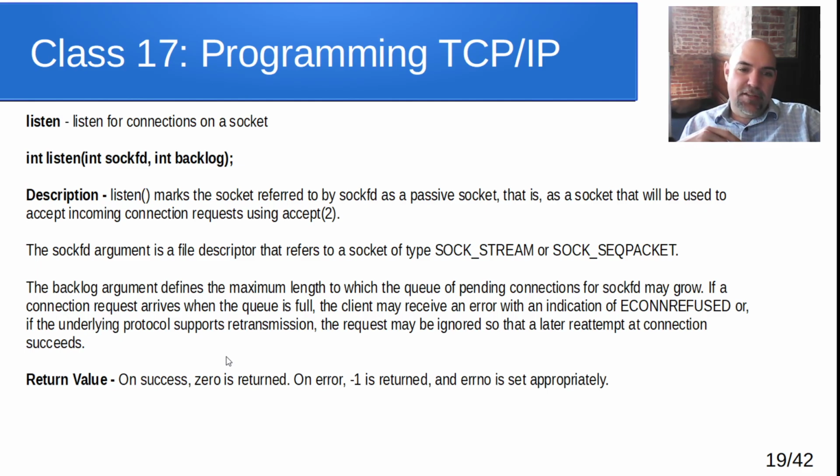It says the sockfd argument is the file descriptor that refers to a socket of type SOCK_STREAM or SOCK_SEQPACKET. The backlog argument defines the maximum length to which the queue of pending connections for sockfd may grow. Now, that second one, the backlog parameter, is how many incoming connections can be pending that haven't been accepted yet before that socket starts rejecting incoming connections.